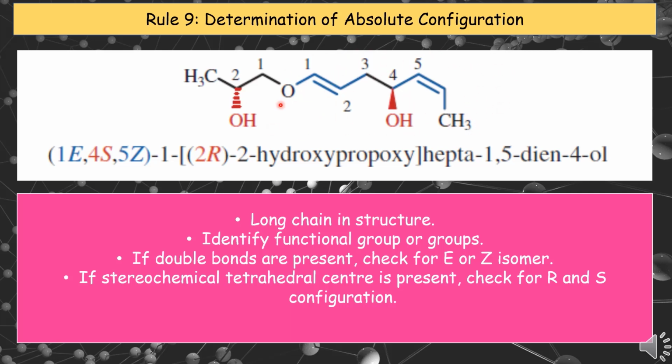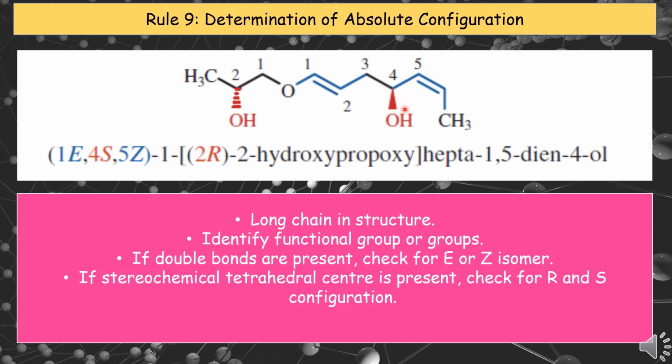So according to the longest chain, the name will be hepta. Now two double bonds are present, so the double bonds should get the lowest numbers. The numbering will be 1, 2, 3, 4, 5. Here it is 1 and 5, where two double bonds are present. In the 4th position there is one hydroxyl group, which makes this position a stereochemical tetrahedral center.